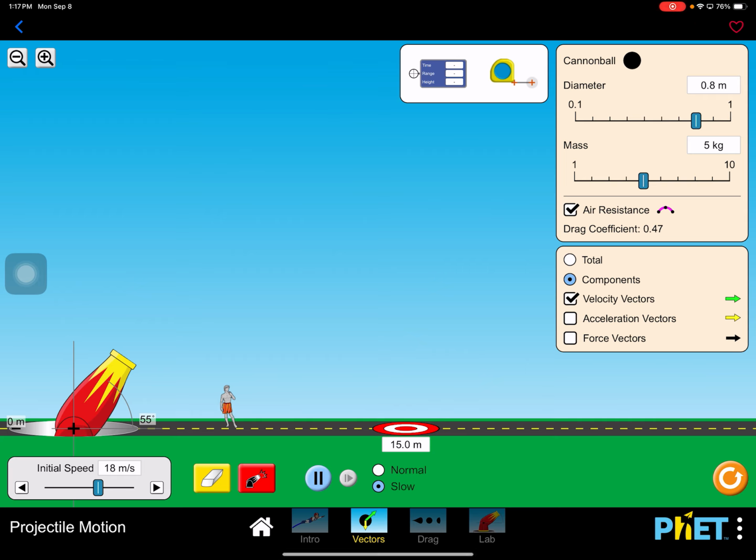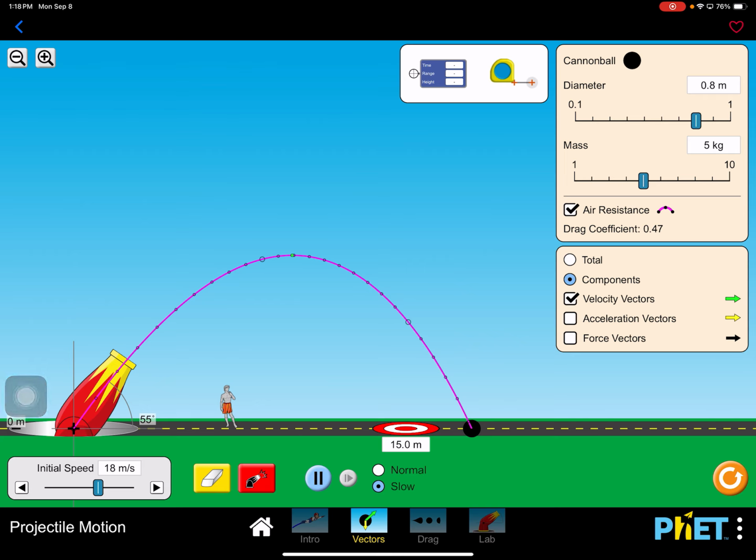All right, so we're going to show the velocity vectors, we're going to show you the components, and you know that it's going to be a parabolic trajectory. And so watch the x component of the velocity, you see it's not changing. The y component of the velocity was changing. Okay, so I'm going to do it again.